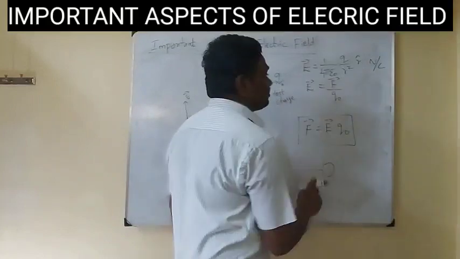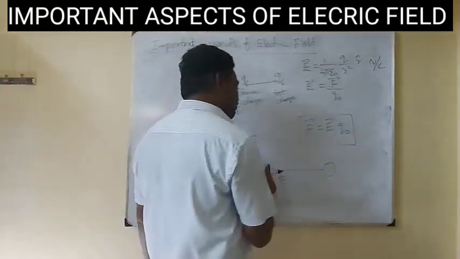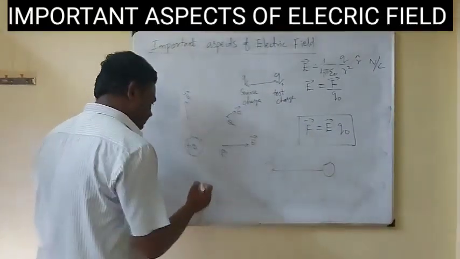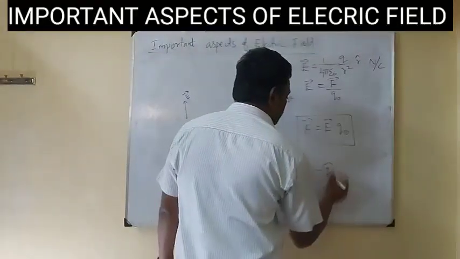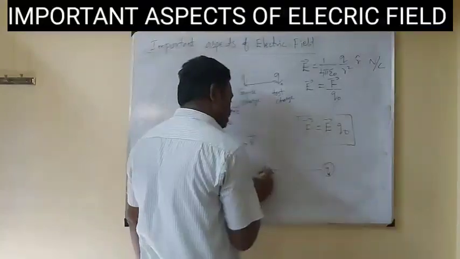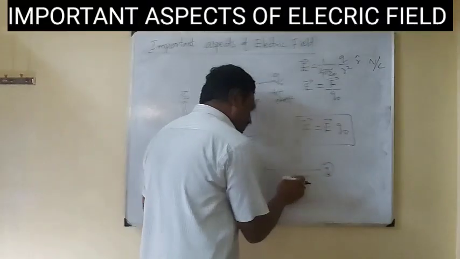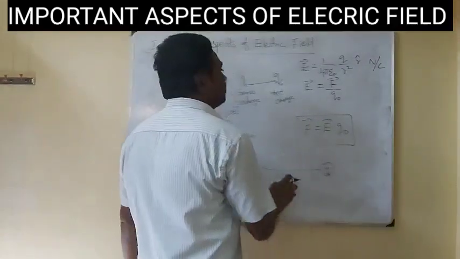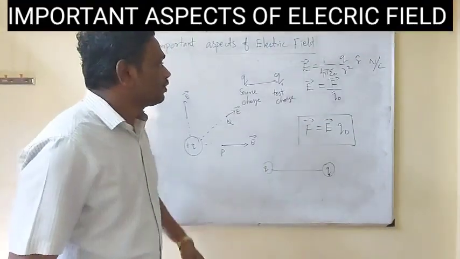This equation also gives an approximation for a finite sized charge distribution. For example, if there is a test charge Q0 and a source charge Q, and the test charge is separated far away from the source charge, then we can use this expression for an approximation.